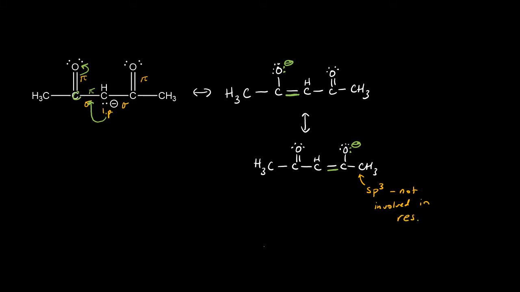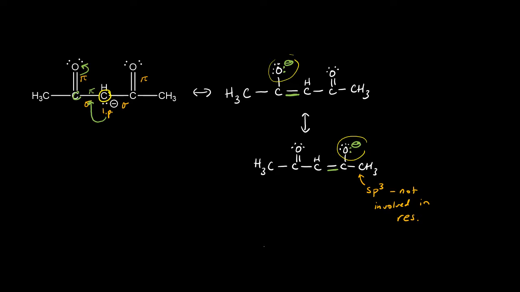Okay, and then another thing we can do here is to rank the importance of the resonance structures that we drew. All right, so we can see that our negative charge is shared by our central carbon and then the two oxygens. So having a negative charge on oxygen is better because it's more electronegative, okay?